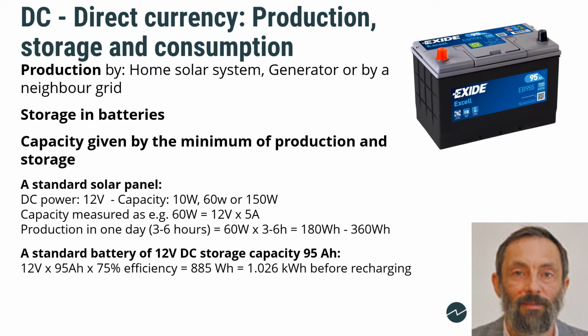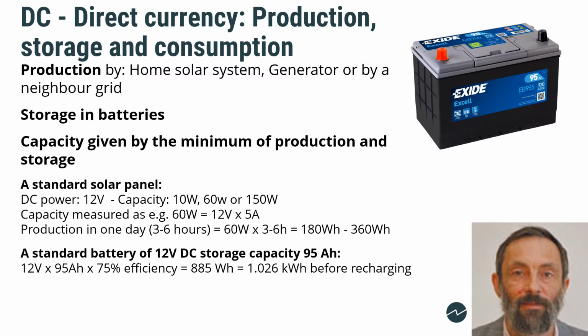The main option for most households to produce DC power is by a solar panel. A solar panel requires direct sunshine to give maximum capacity for around 6 hours per day.